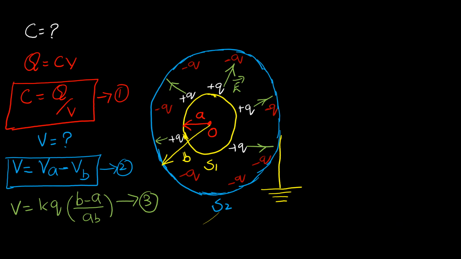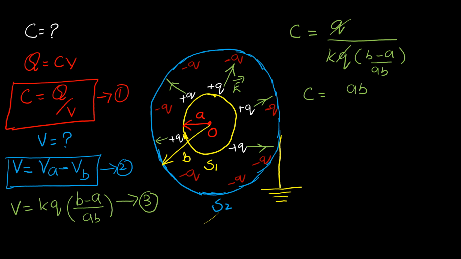Now, student, incorporate equation number 3 in equation number 1 of capacitance. We get capacitance C is equal to Q divided by V. As we know, V is equal to KQ into (B minus A) divided by AB, so Q cancels with Q. We get C is equal to AB divided by K into (B minus A).